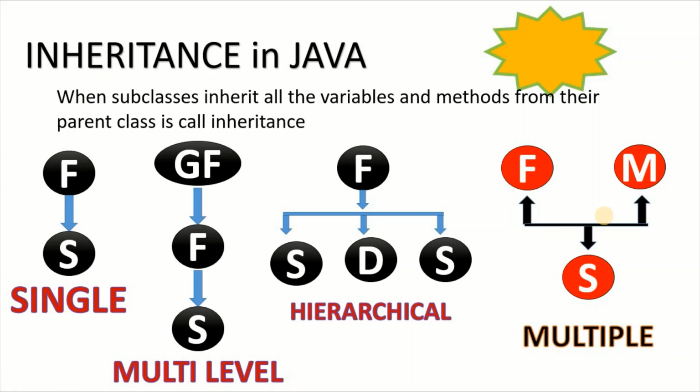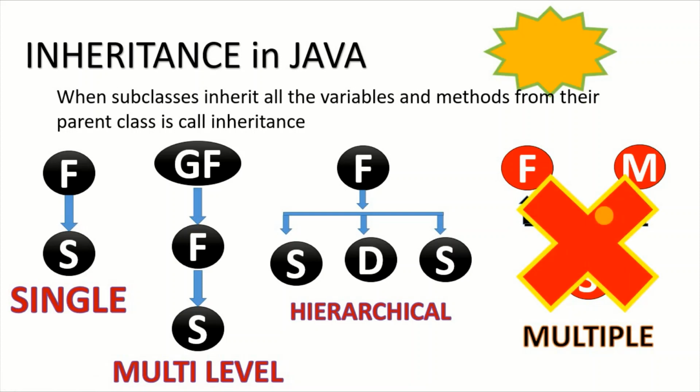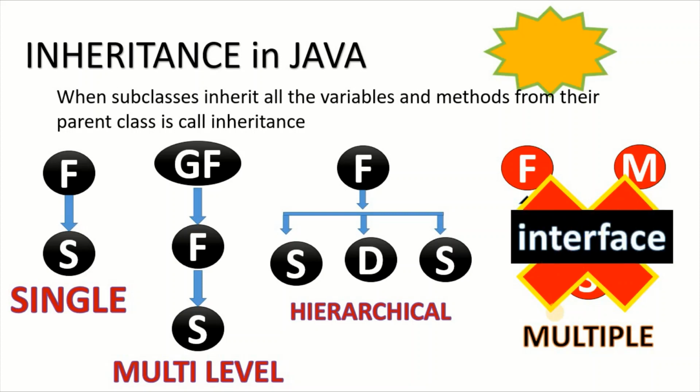But you must remember, Java does not support it directly. It is supported with interfaces, which we will discuss later. For single, multi-level and hierarchical inheritance in Java, we use a keyword called extends, E-X-T-E-N-D-S. You must remember. Okay, let's start in Java practically.